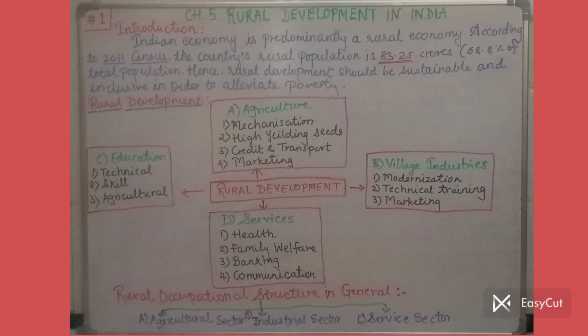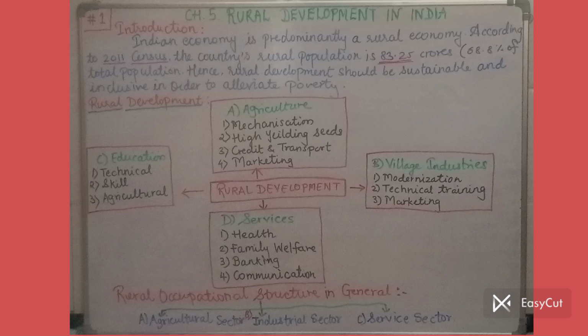Then let us move on to another sector, point B, village industries. For overall rural development, it is also very important that we pay attention to the modernization of the village industries. Moreover, the industry workers, the labor, should be given proper technical training so that there will be more output from the industries.